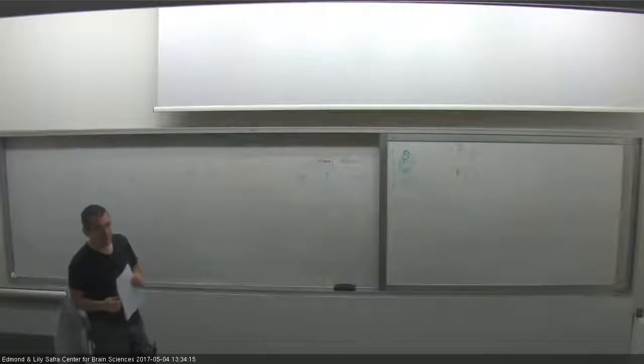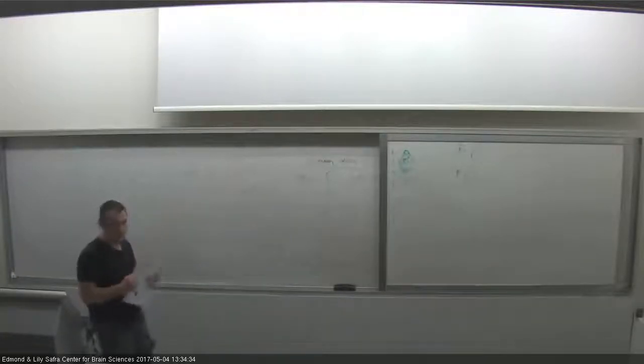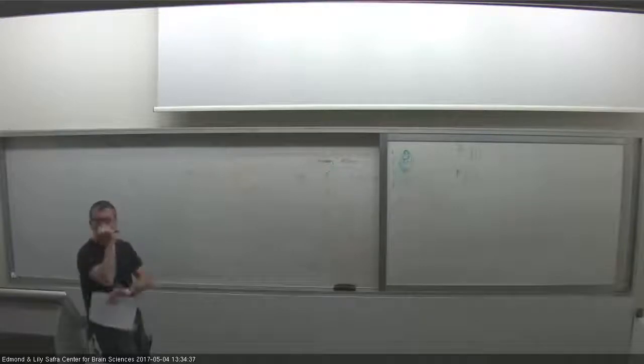Why will there be only one fixed point? Why should it converge to 0 and not to 5? No, now we're talking about the case where G is linear.